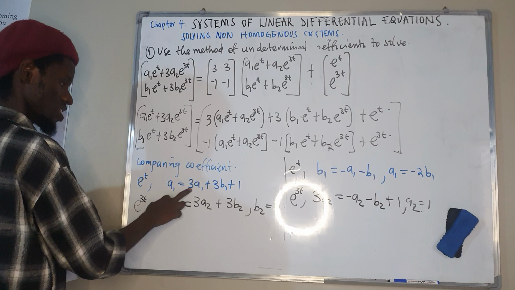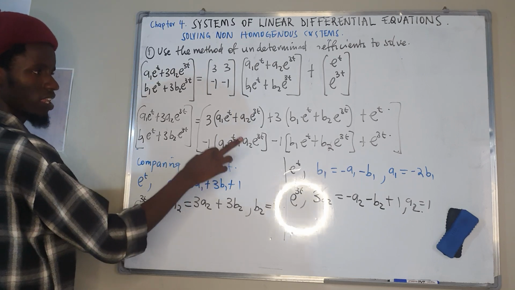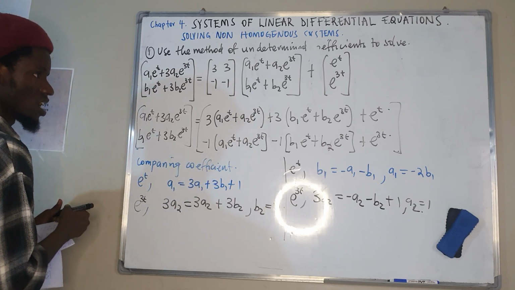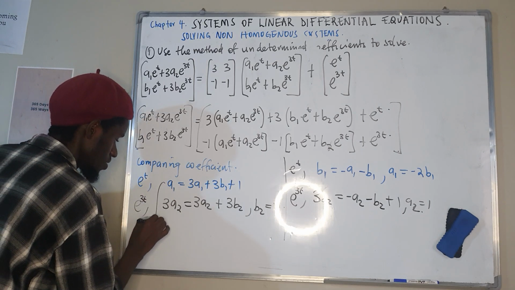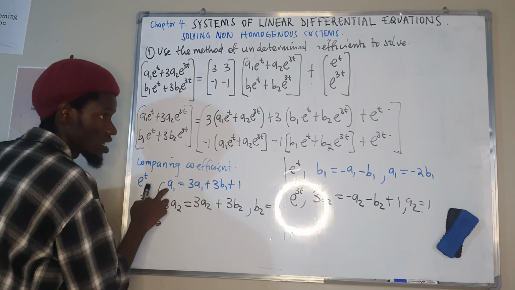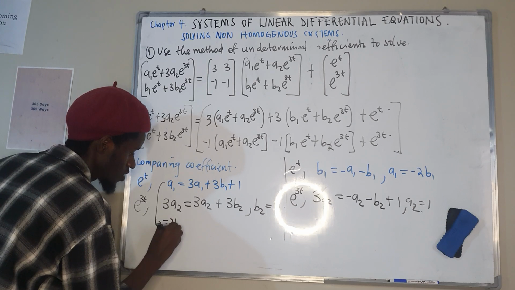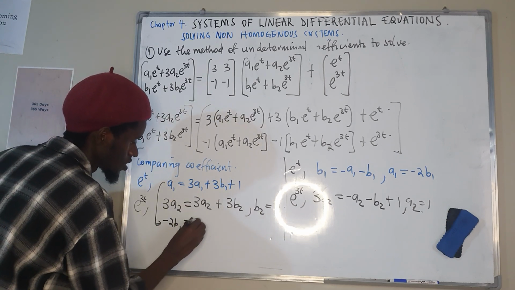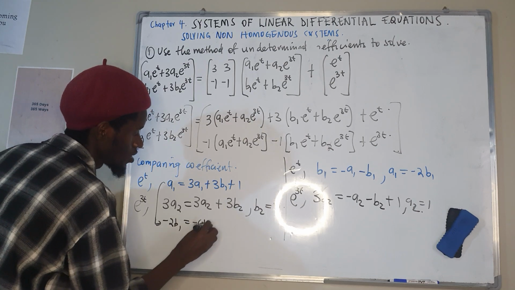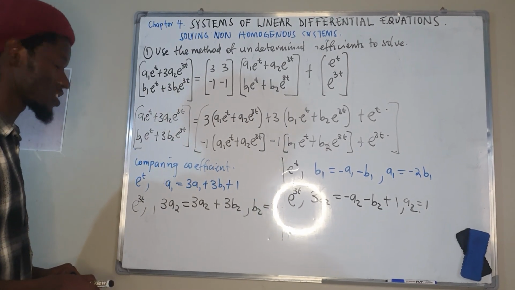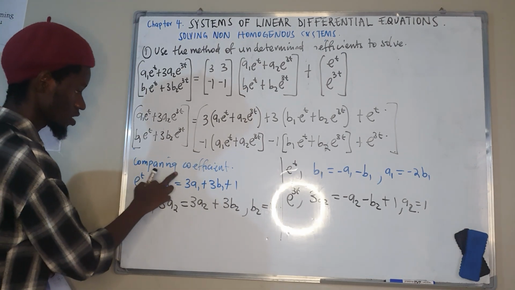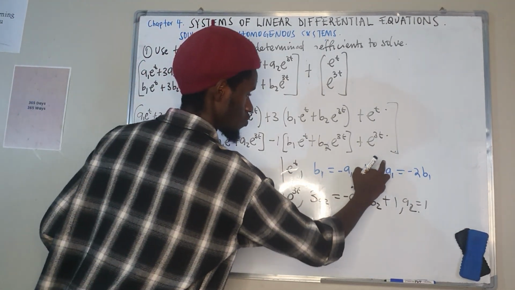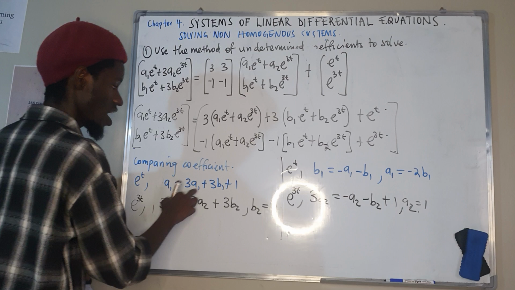By replacing here, where there is A1, I put negative 2B1. Negative 2B1 equals 3 into negative 6B1 plus... If you compare these two equations, I am able to get my value of A1 and B1.